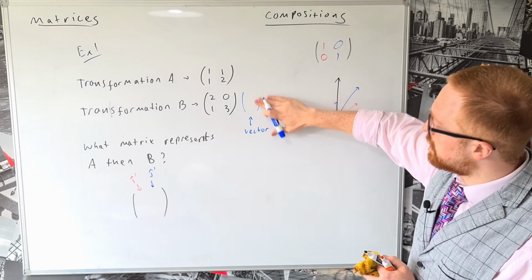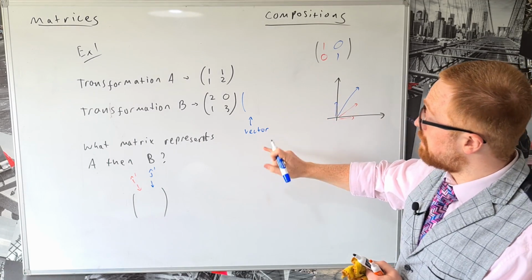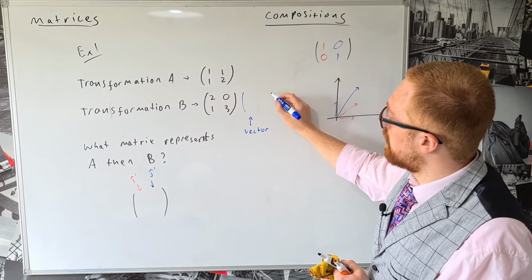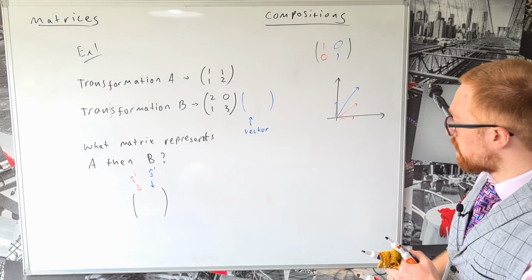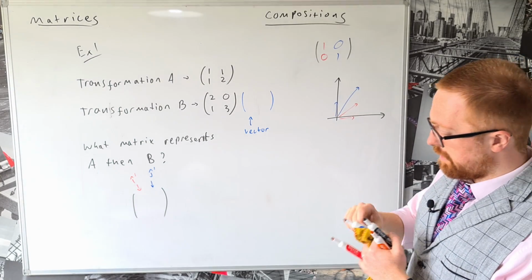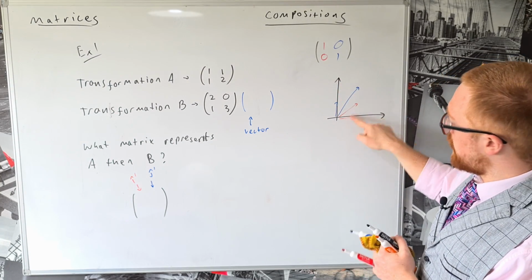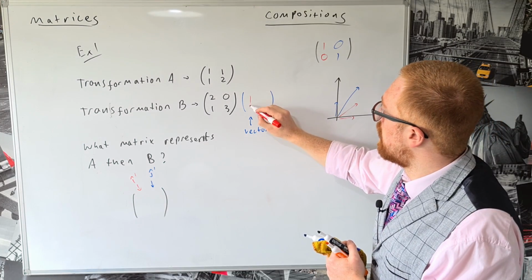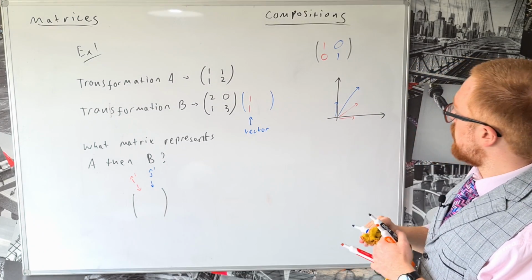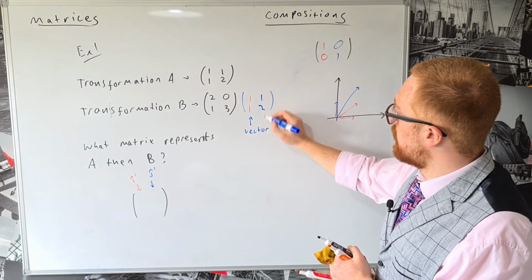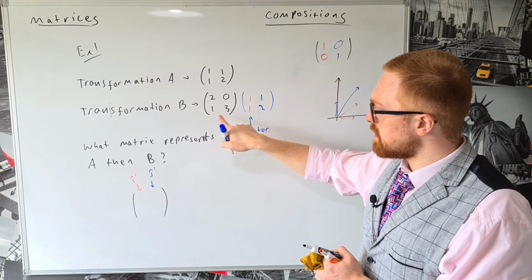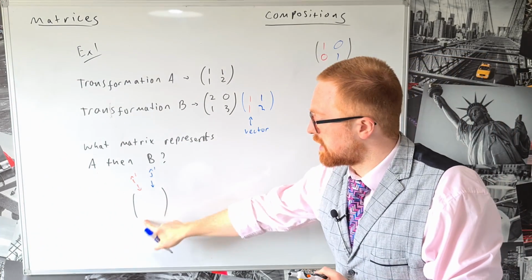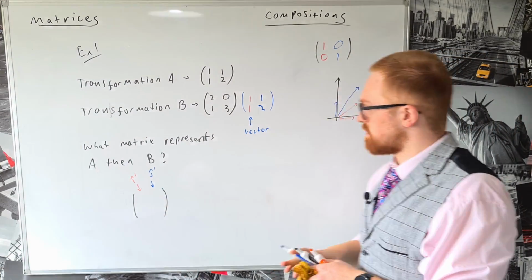As in the last video, we don't have to put these vectors in one by one; we can put them in two or three at a time. So if we put our i hat (1, 1) and then our j hat (1, 2) into this matrix B, that's going to give us exactly what we're after.